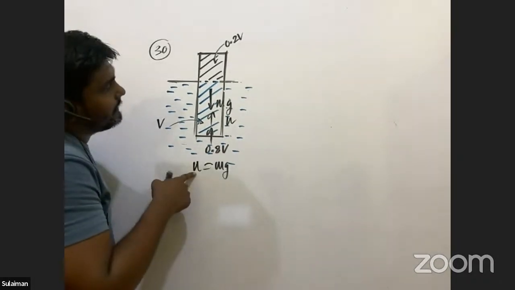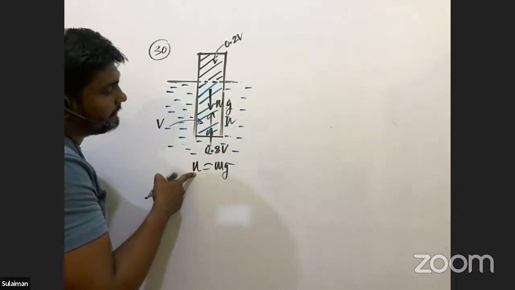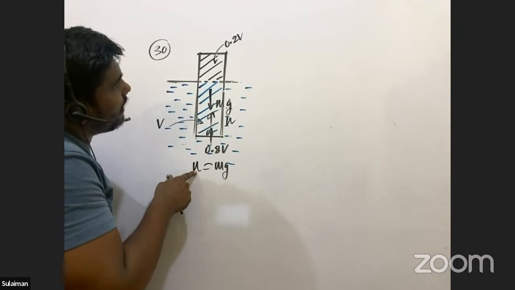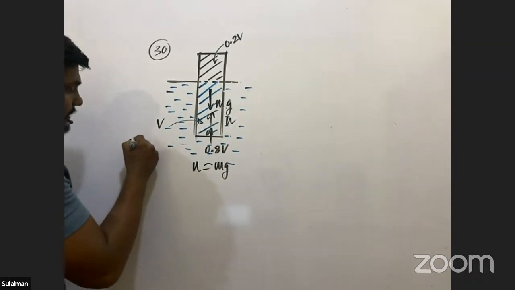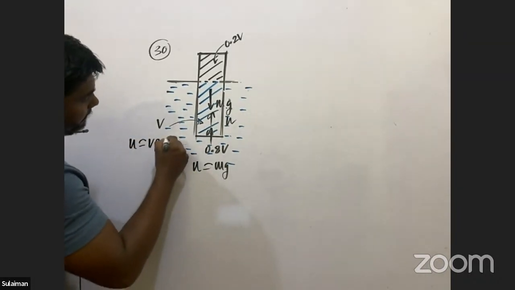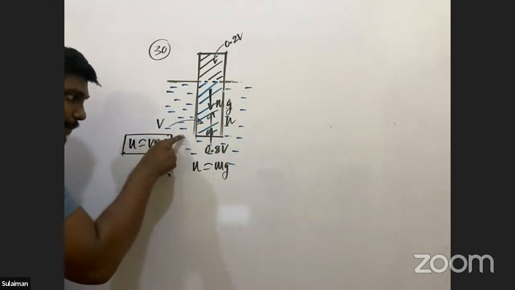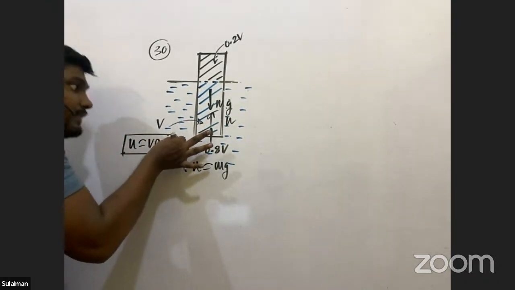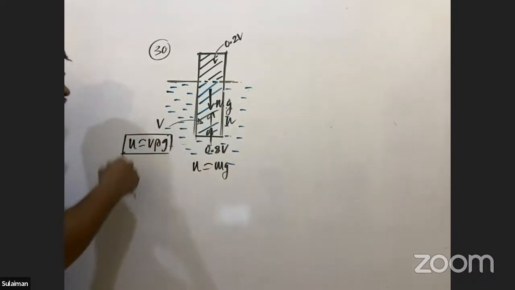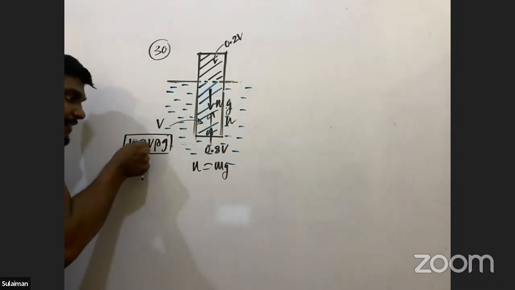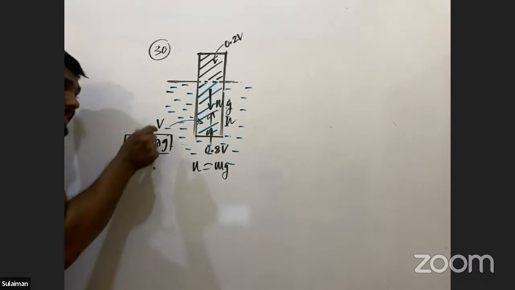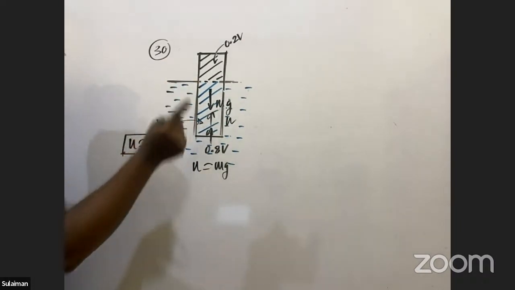What is upthrust? We learned upthrust means V rho G. The upthrust force produced by this liquid, in this case water, on this object is V rho G. What is this capital V? The submerged volume of the object.